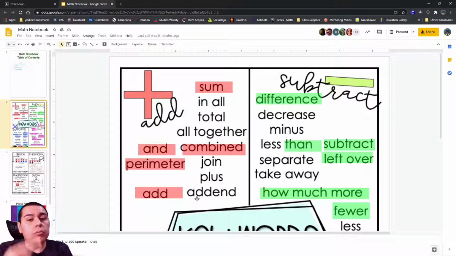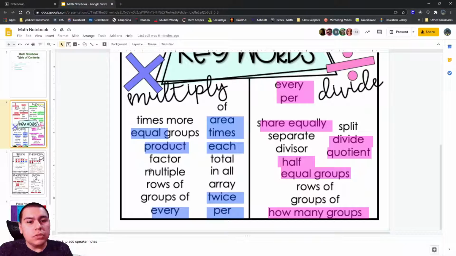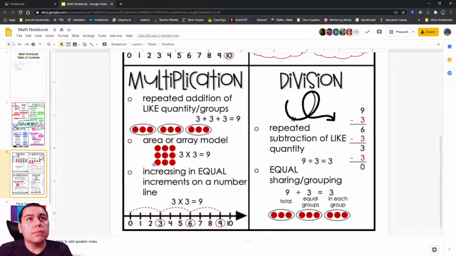So if it was 2 more, and 2 more, and 2 more, and 2 more, and 2 more. If that number is the same, 2 and 2 and 2 and 2, then I would use multiplication. The numbers have to be equal or even for you to use multiplication.